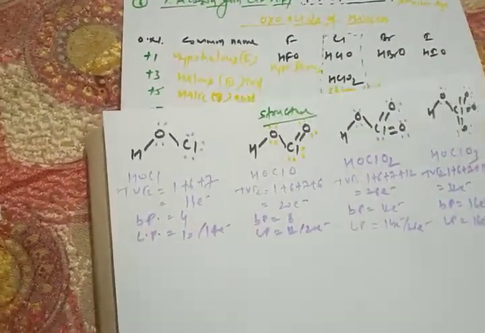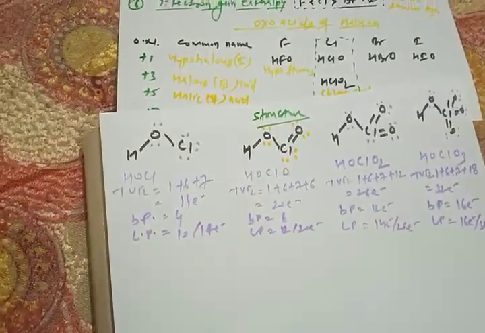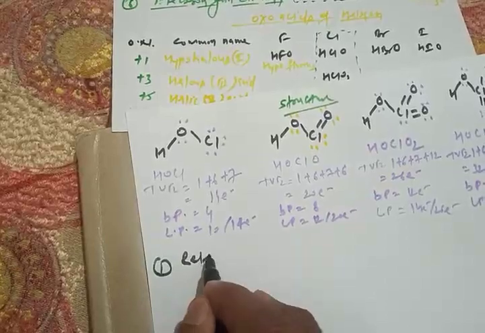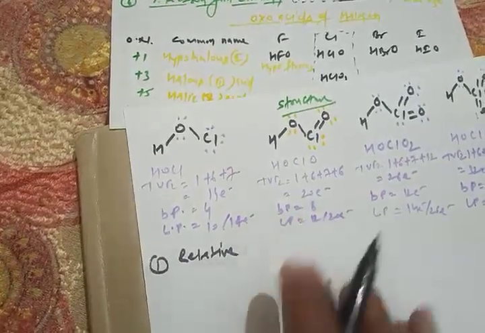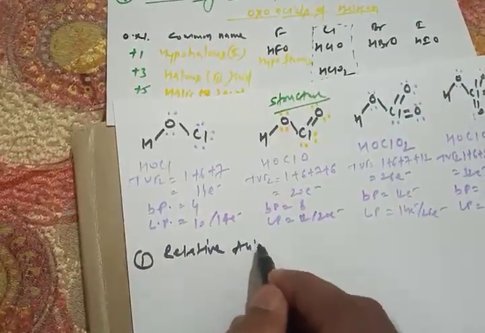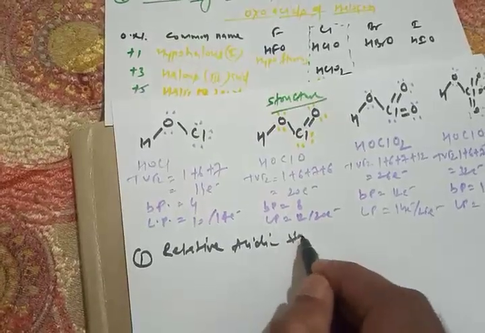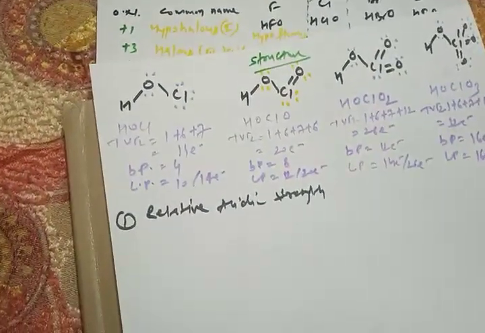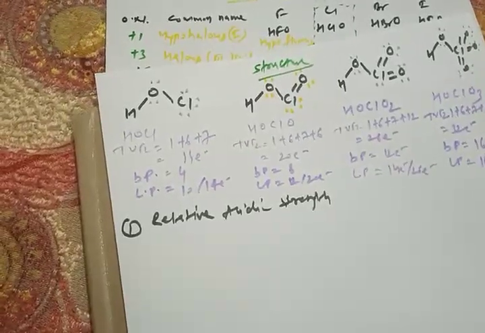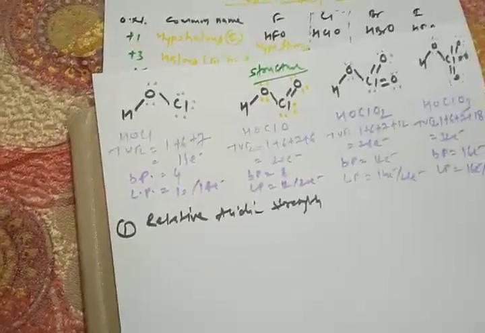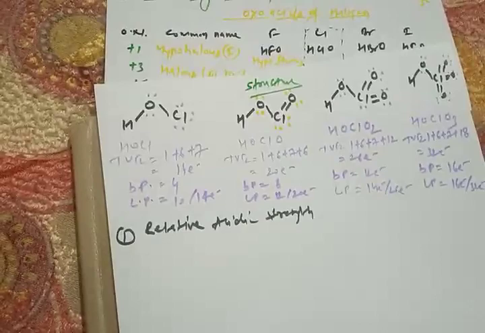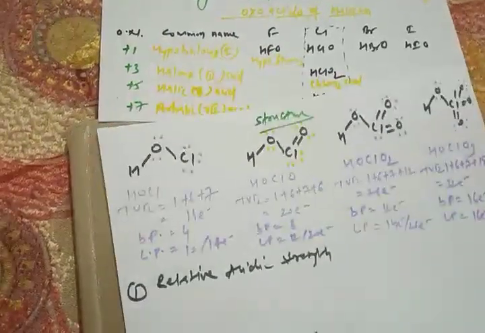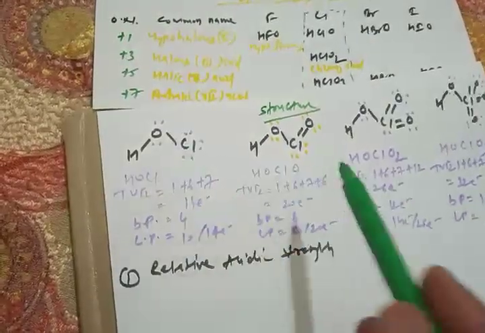Now the relative acidic strength. As we know, as the oxidation number increases, the relative acidic strength increases. Here the oxidation number we are talking about is of chlorine, because the central atom is chlorine.